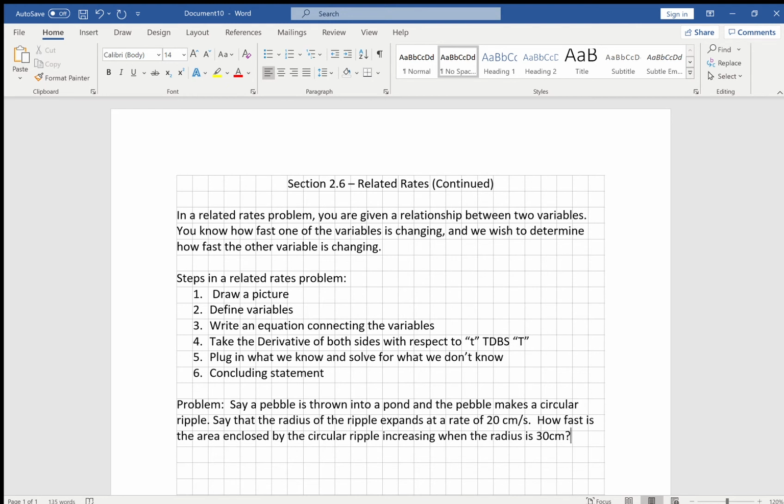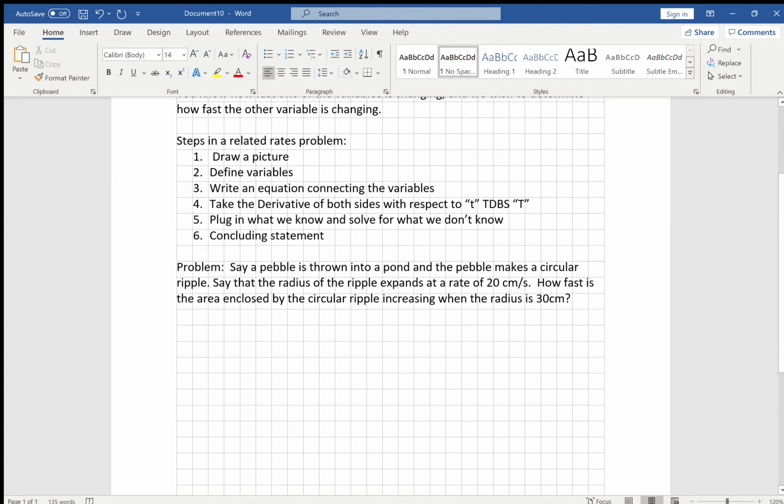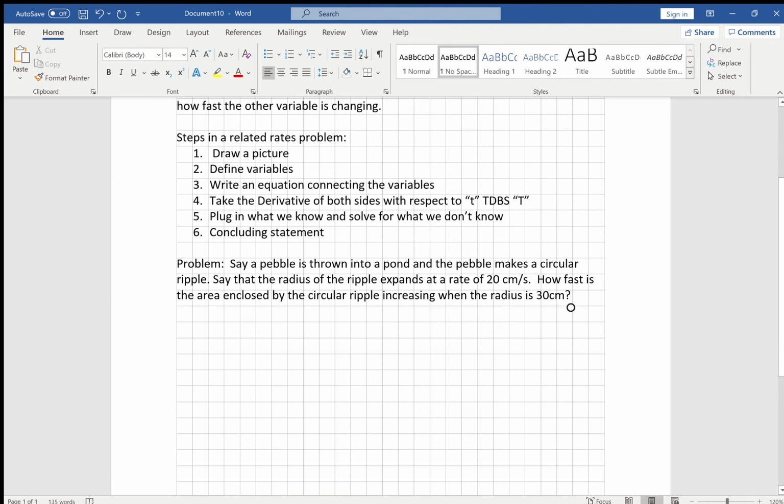Everybody got that? We drop a pebble into a pond and it makes a circular ripple, and the radius of that circle increases at a rate of 20 centimeters per second. How fast is the area enclosed by the circular ripple increasing when the radius is 30 centimeters? Notice that we give radius in centimeters, and we give the rate at which the radius is expanding in centimeters per second.